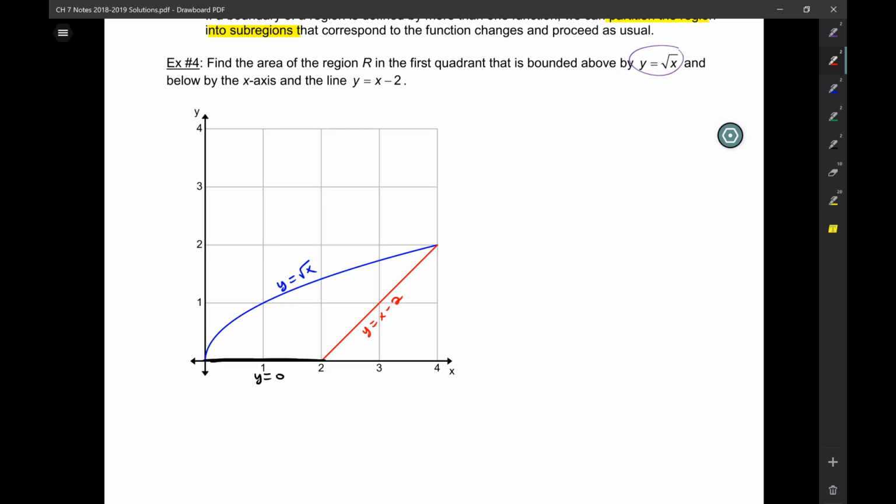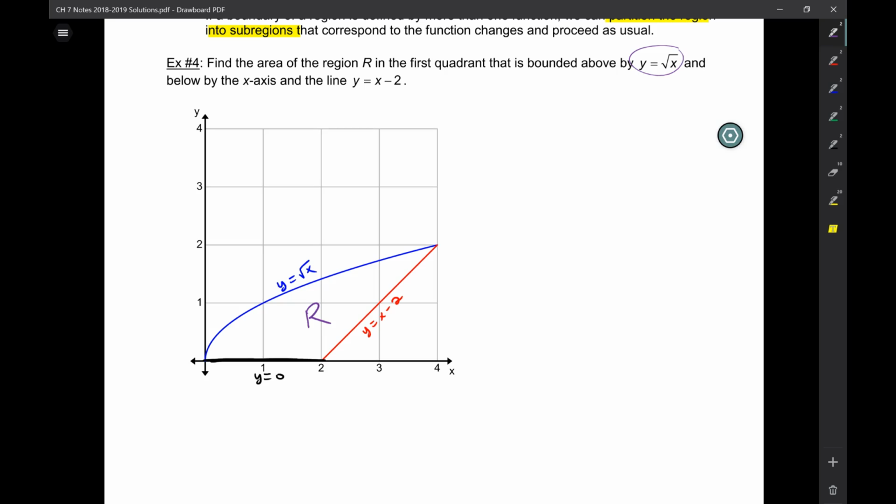Okay, so if you follow my pointer here, if we read that again, the region R in the first quadrant is bounded above by y equals root x and below by the x-axis and the line y equals x minus 2. So R is this region inside.